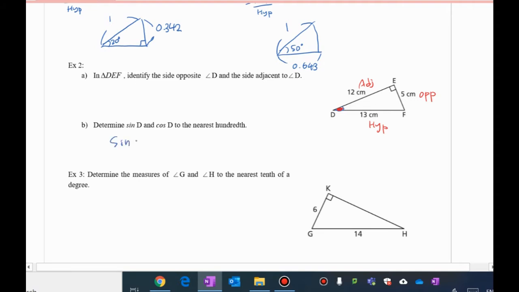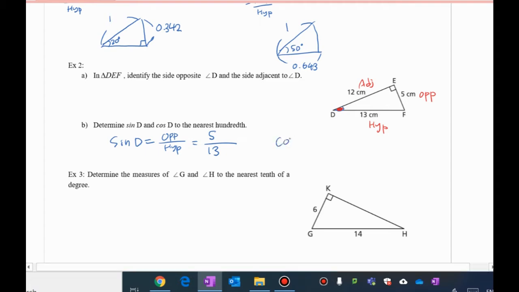So sine D. So SOH, opposite over hypotenuse. And the opposite is 5 centimeter. And hypotenuse, we can just omit centimeter. Hypotenuse is 13 centimeter. So the answer is 5 over 13. So sine D ratio is 5 over 13.